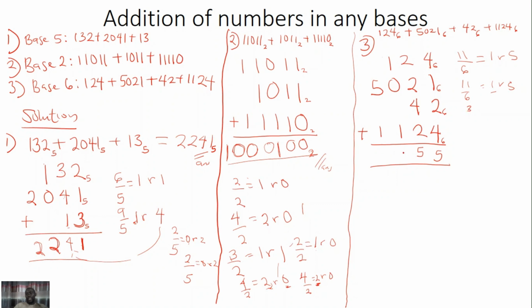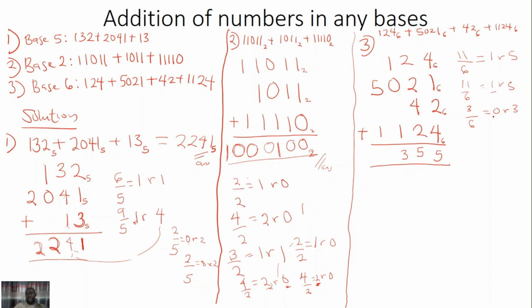Instead of us writing the 3 down here, we're going to divide it by 6, and that will give us 0, remainder 3. So that 3 will be written here, which is the remainder, and we move to the next column.